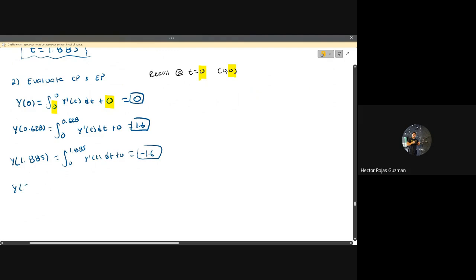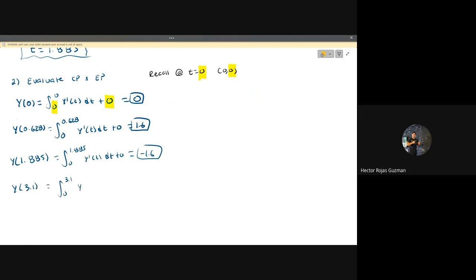Then the endpoint. And now we have 4 coordinates for the y component.